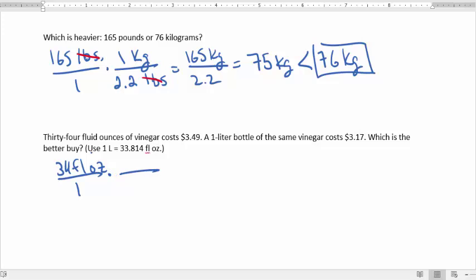It's a straightforward conversion here. 1 liter is 33.814 fluid ounces. So we want fluid ounces to cancel, so we'll put that in the denominator. So it's 33.814 fluid ounces, and that's 1 liter. So now we're going to cancel out our fluid ounces, and we're going to end up with 34 divided by 33.814.